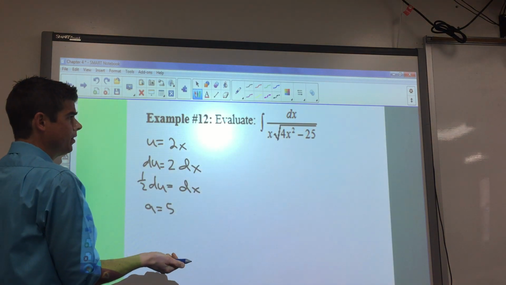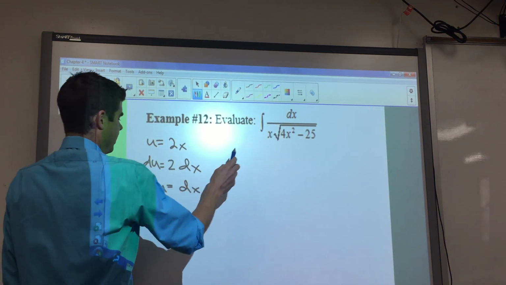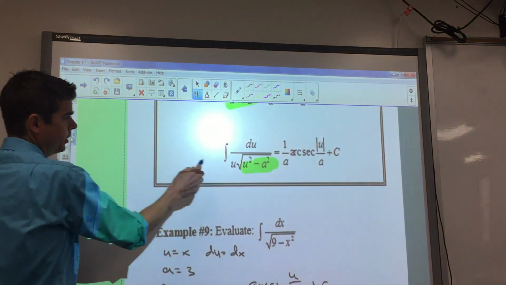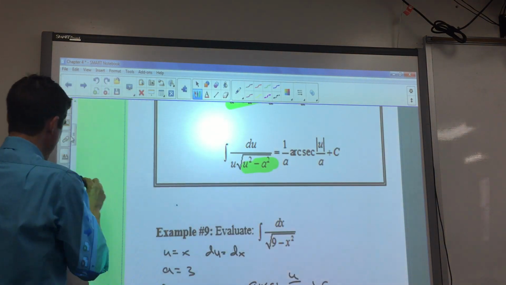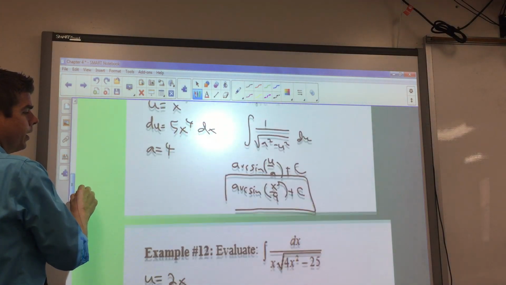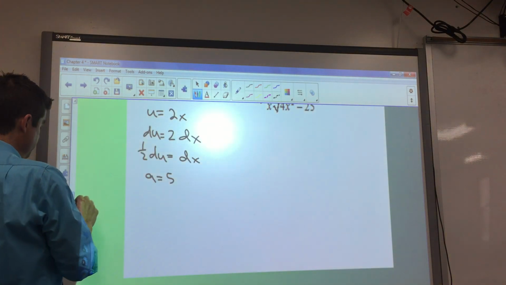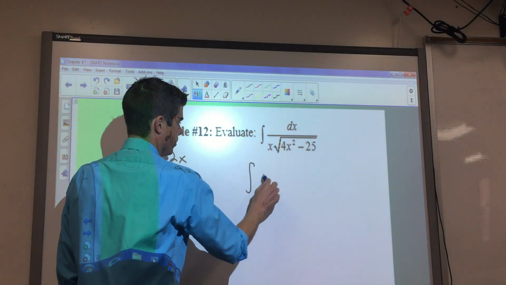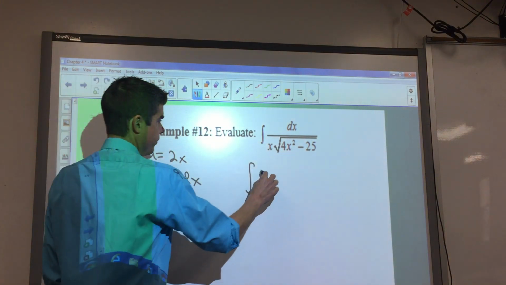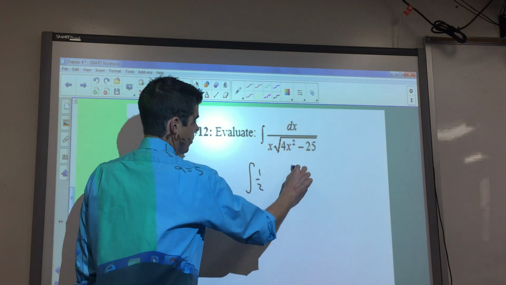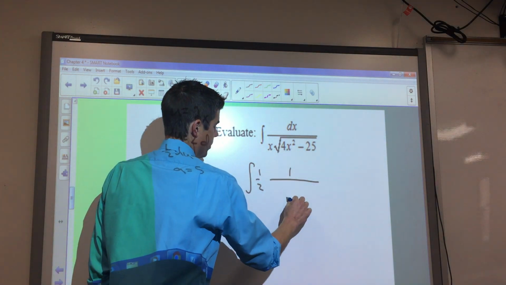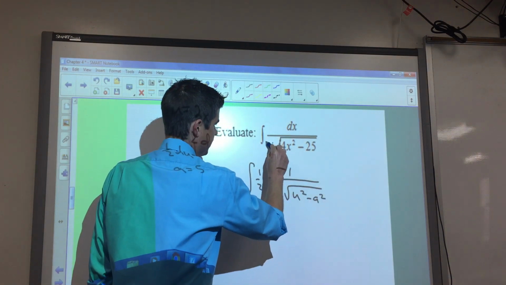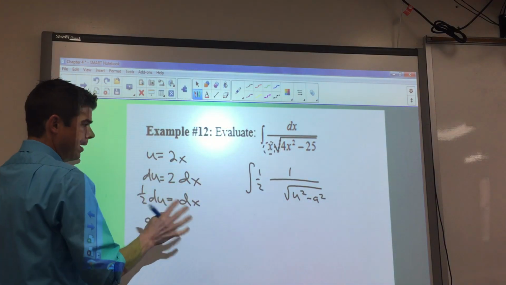And what I have to be careful of is that if you look at your inverse secant, you want u squared. And right now, this will be u, so I have 1 over u squared minus a squared, but this x is not an automatic u.